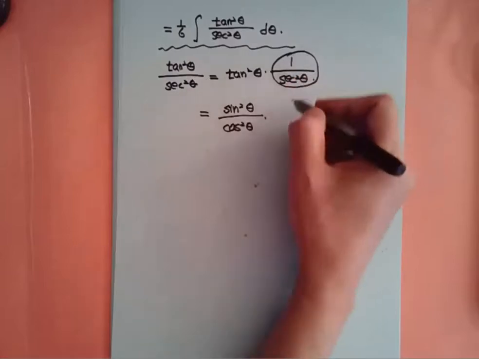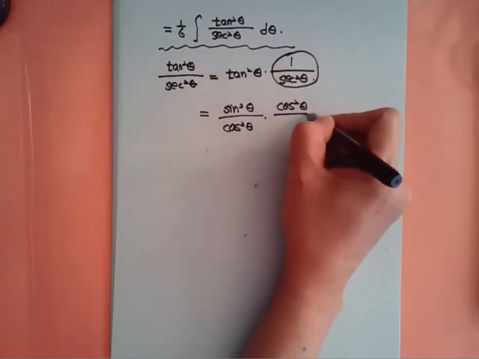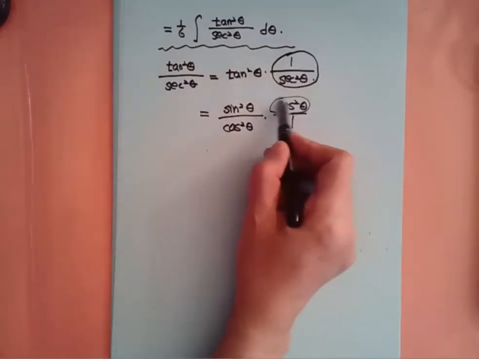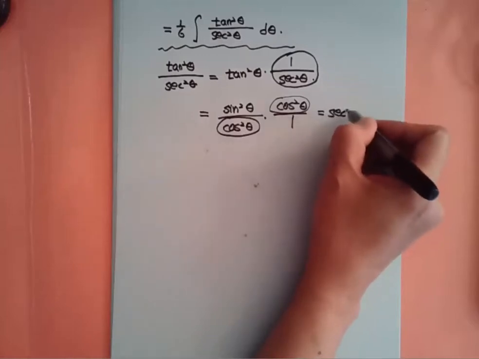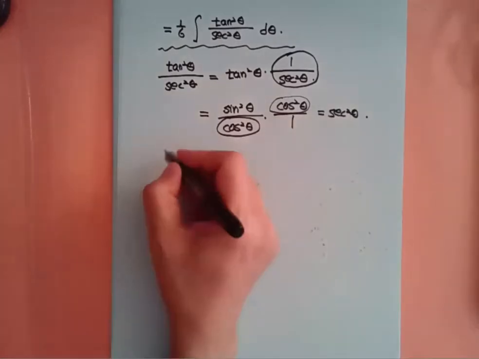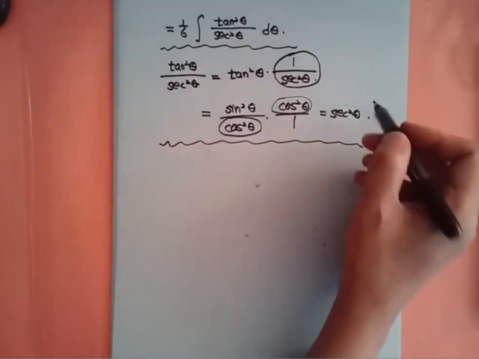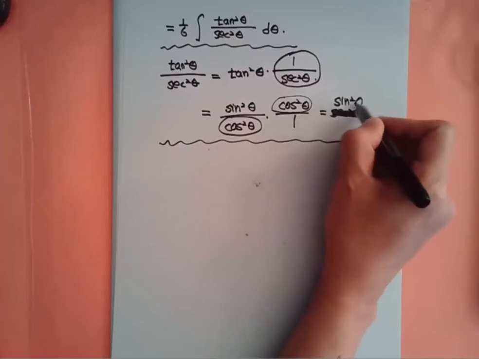So this part will become cosine squared of theta over 1. When we simplify, we get sine squared of theta, right? So that's the simplification. This is sine squared of theta.